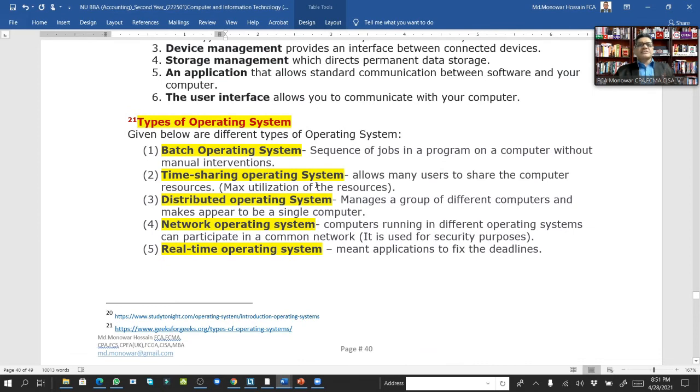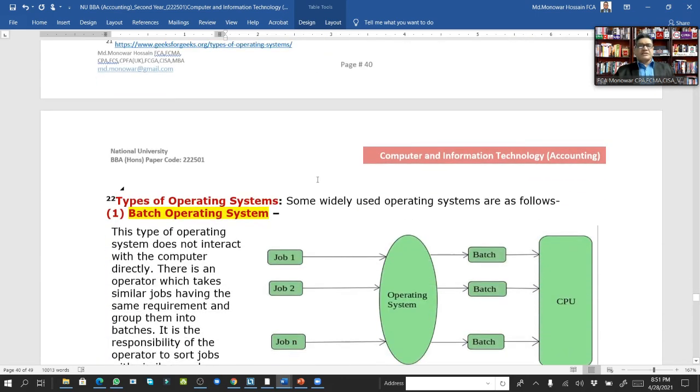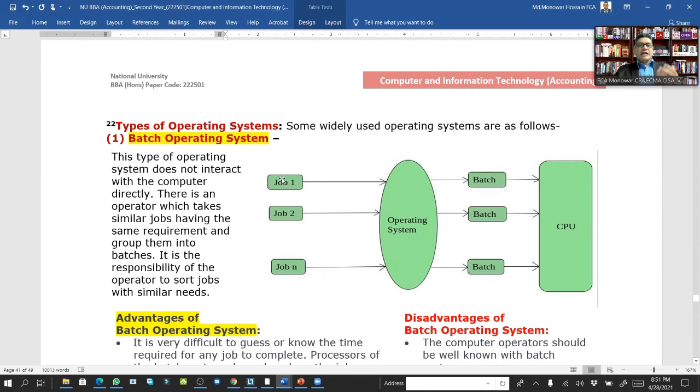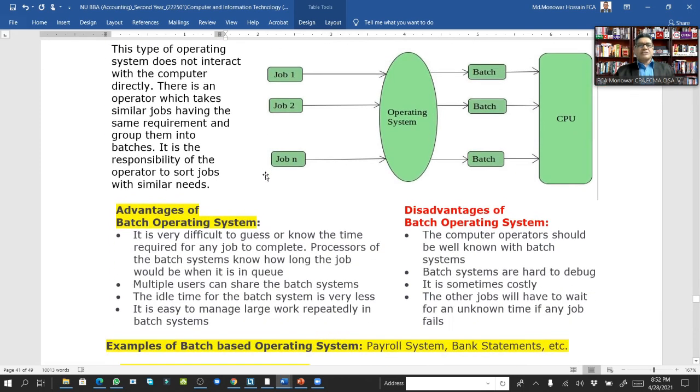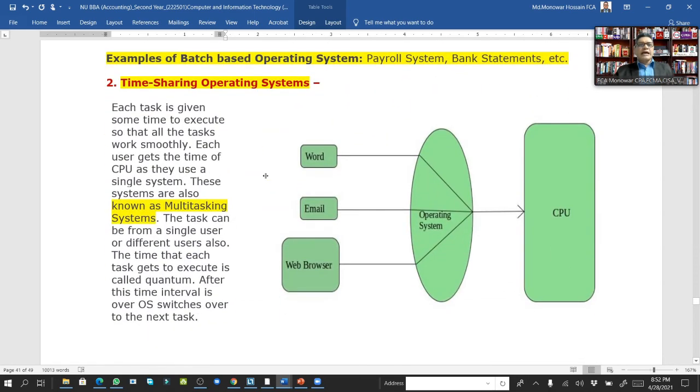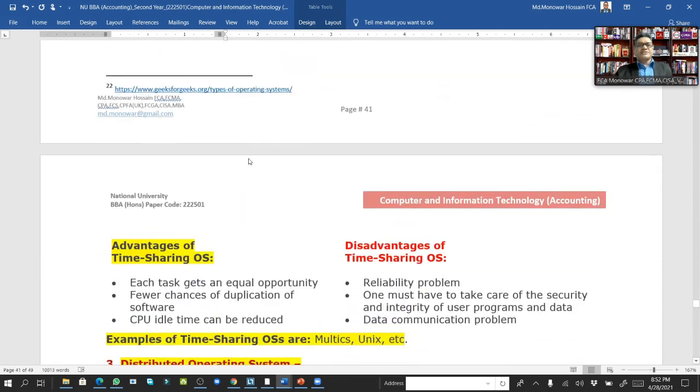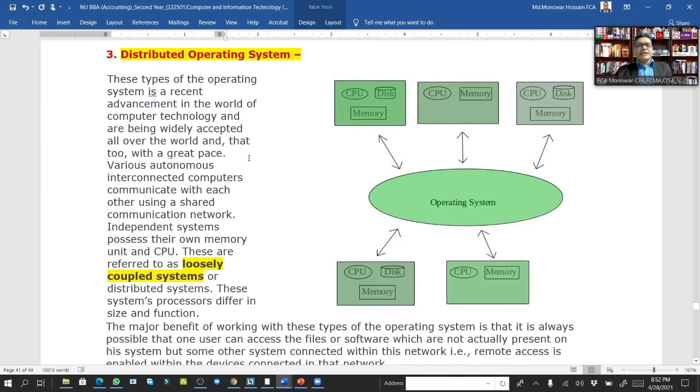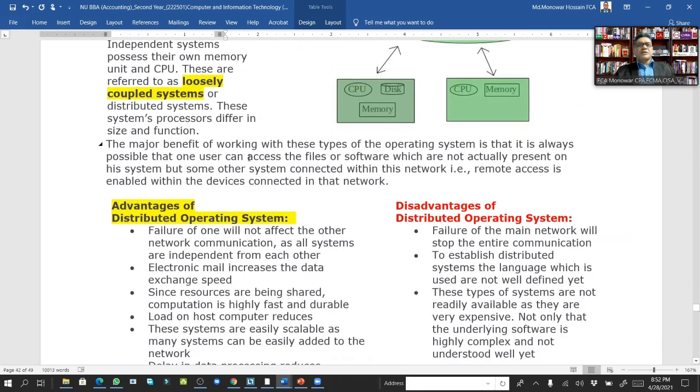Types of operating systems are the batch operating system, time sharing operating system, distributed operating system, network operating system, and real-time operating system. We discussed each of these operating systems, the batch operating system with advantages and disadvantages and examples, and covered the time sharing operating system, and in the same way we discussed the distributed operating system.